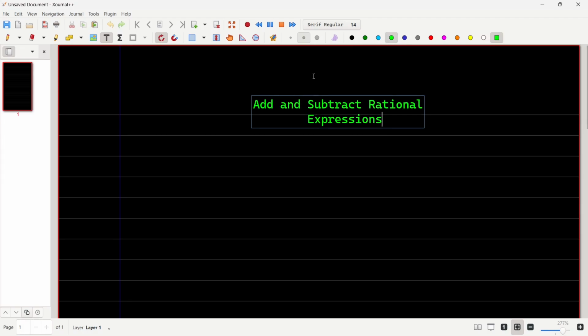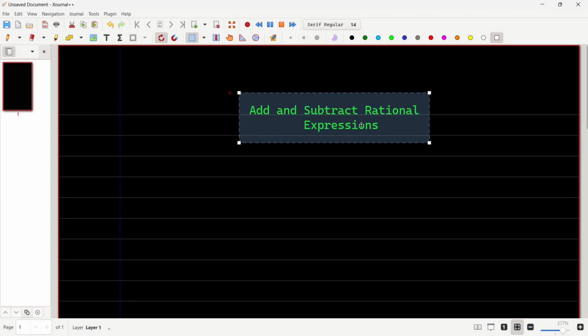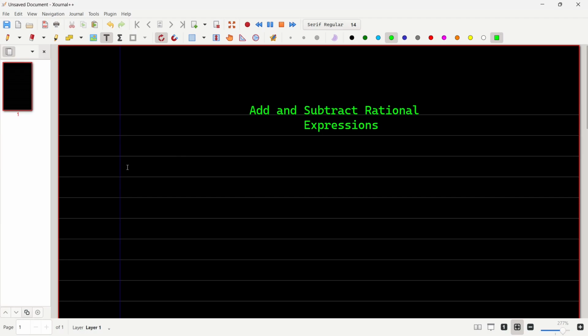All right, so the first thing that you would want to do in this case is you want to define a rational expression. Everybody should know what a rational expression is, but if you don't know, I'm going to write a little note here for you. So what is a rational expression? And let me put an answer here for the rational expression.